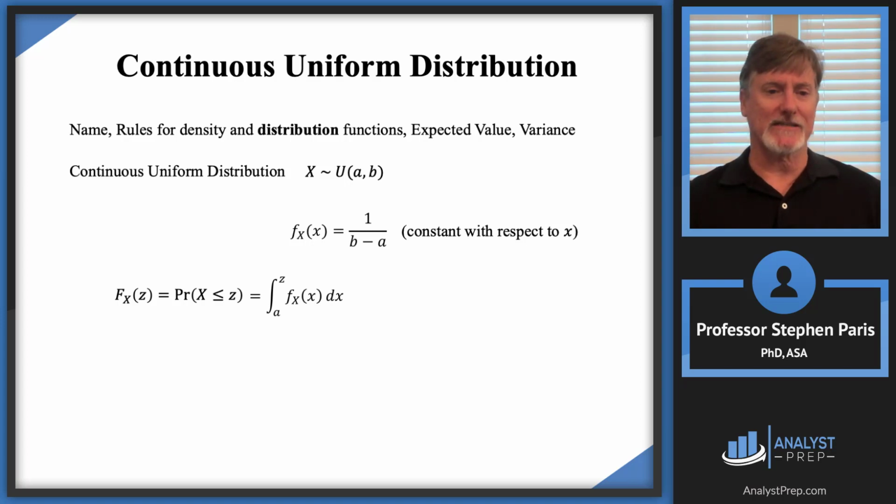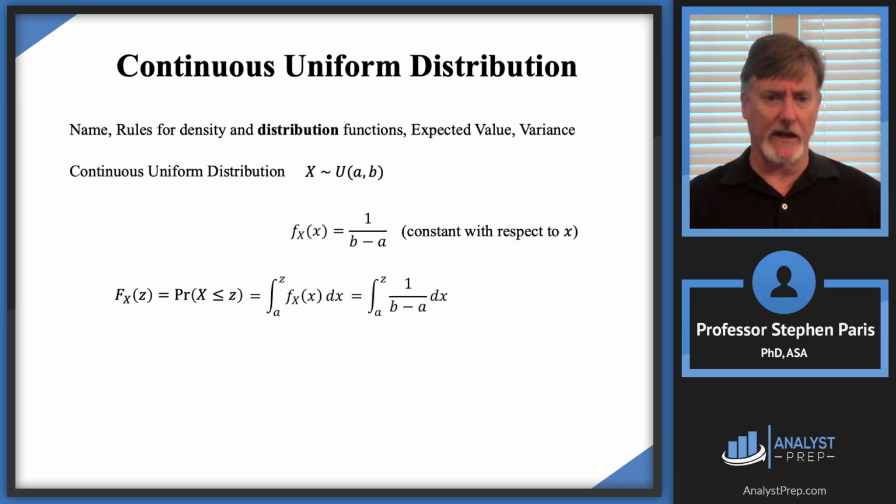Because cap X is defined over the interval from a to b, cap X can't be any value less than a. So to say that cap X is less than or equal to z is really to say that cap X is between the parameter a and z. And so I'm integrating from a to z. I'm integrating this density function, and I'm going to plug in the constant 1 over b minus a for the density function.